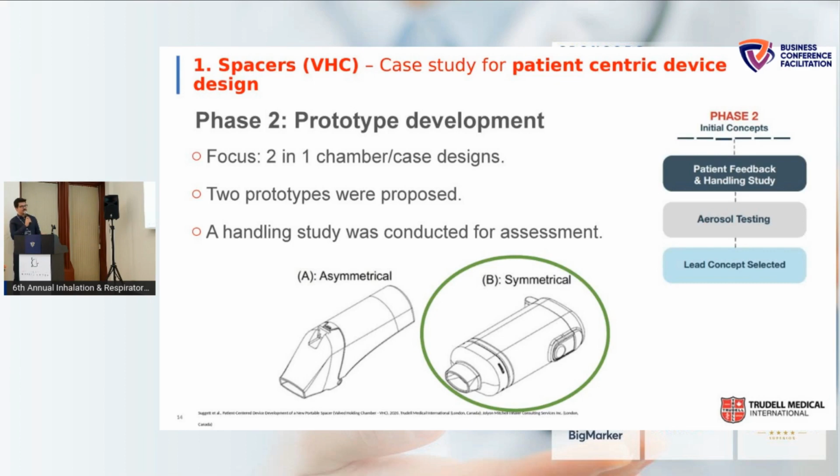So these were the 2 designs that were prepared, and my question to you is which one of them do you think was selected by the patients, A or B? And what's the reason for that decision?